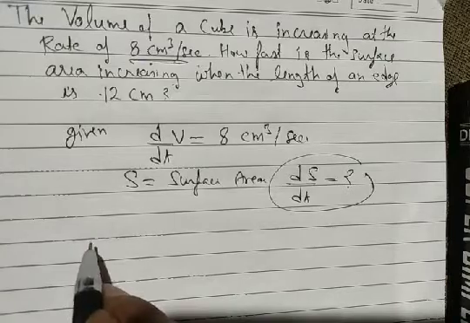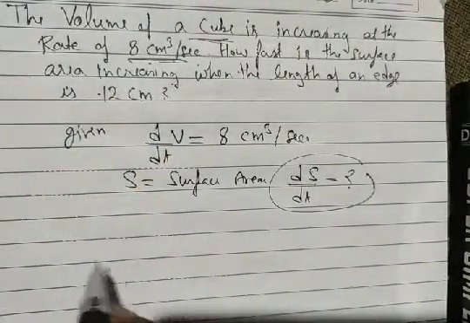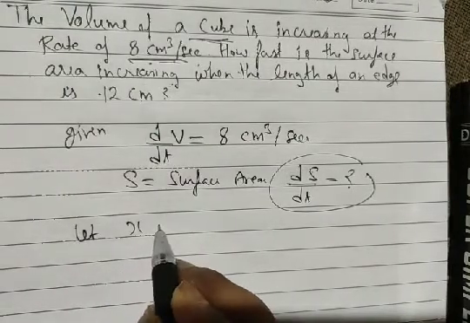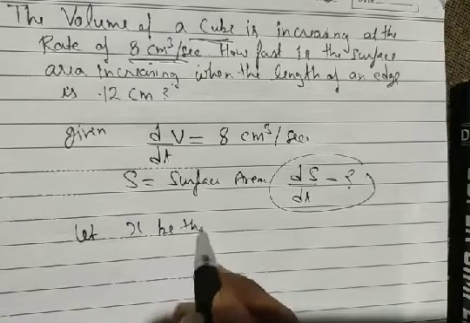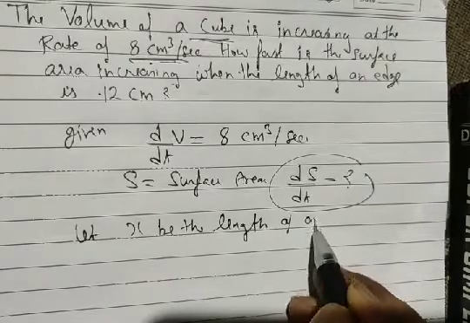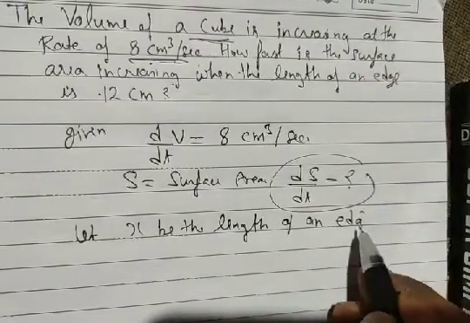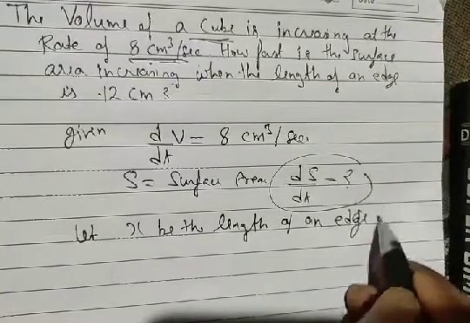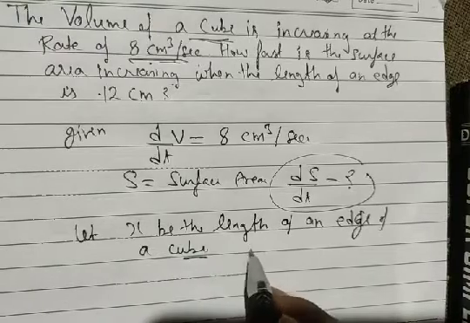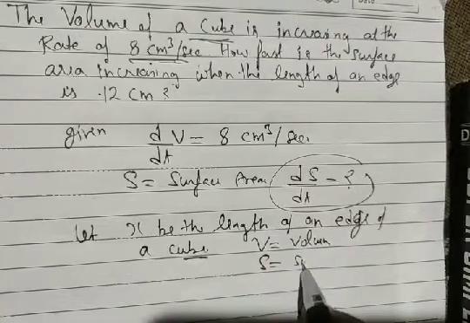Since it's talking about the volume of a cube, let x be the length of an edge of the cube, V represent its volume and S represent its surface area.